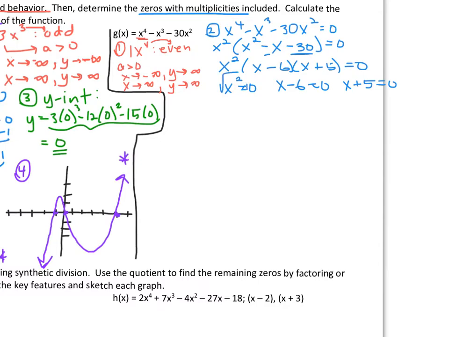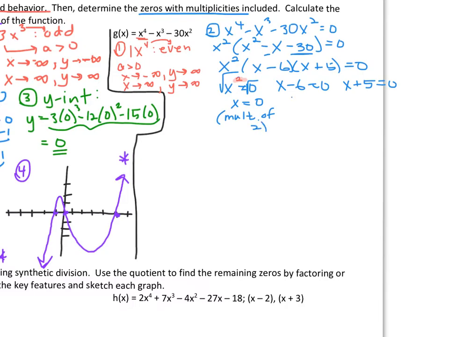If we take the square root of 0, we get plain 0. But remember, this has to be including different or specific multiplicities. And here we have a multiplicity of 2. That's going to be significant for us when we graph. So let's write mult of 2. And we'll have to work with that when we graph our function.